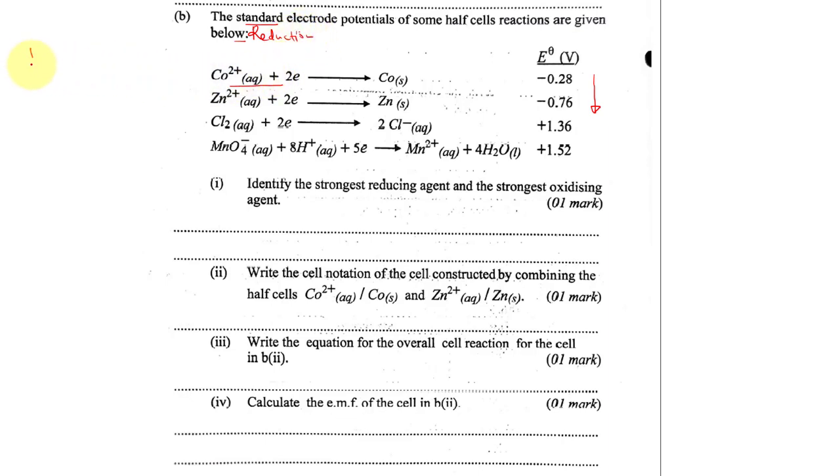So remember, reduction is gain, which is our RIG, while oxidation is loss, which is our OIL.